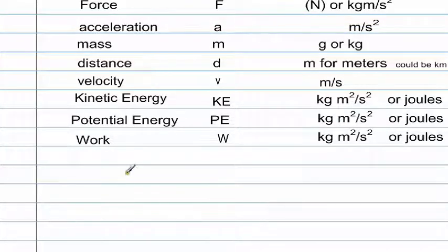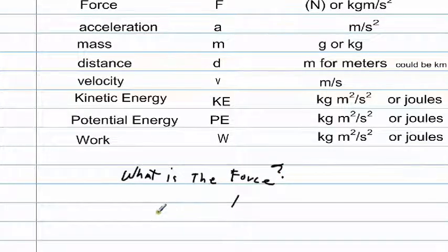For example, the word problem might say, what is the force exerted on an object with a mass of 10 kilograms if there is an acceleration equal to 5 meters per second squared. Okay, so you know we're looking for a force, F.